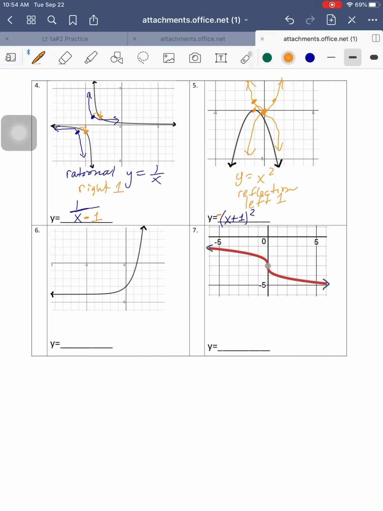All right, next we have exponential. The exponential parent function typically goes through 0, 1. And remember, you can have e if you want. If you don't want e, you can have a number like 2. So we could have y equals 2 to the x.